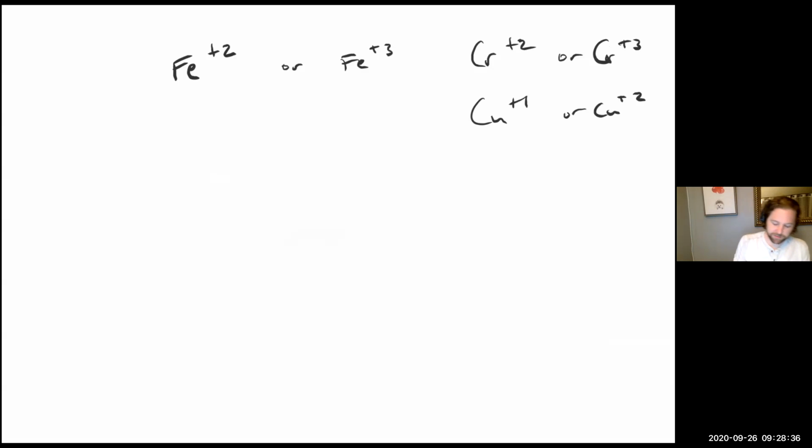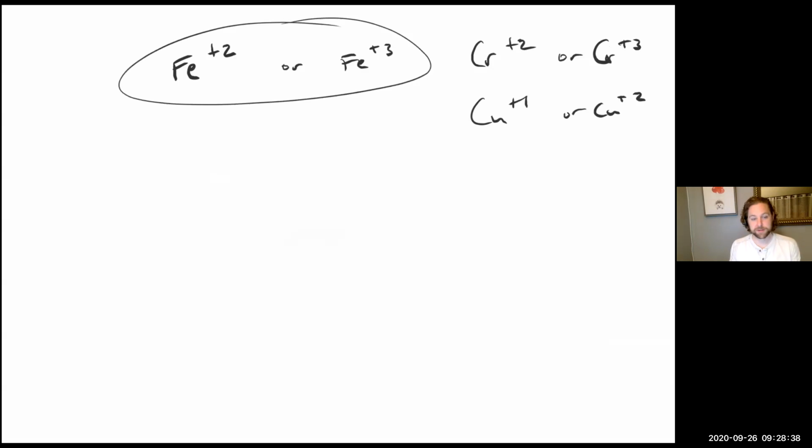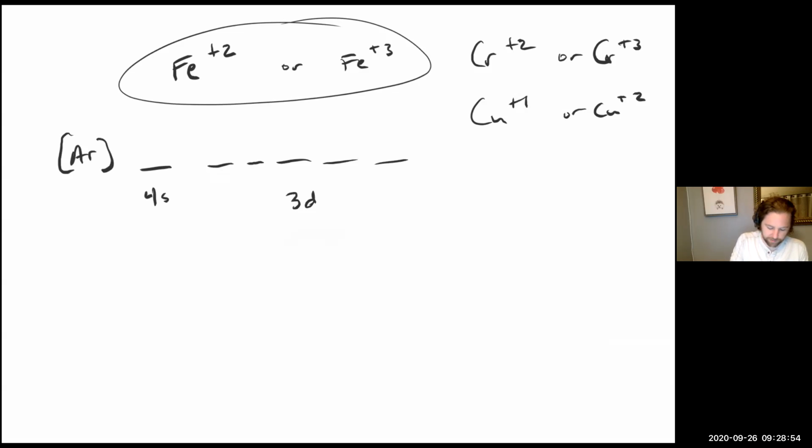Just to give an example of why this happens, for iron, if we look at its last energy level past argon, we have argon, and then we have 4s, 3d. It's a little bit easier to see when we do the orbital diagram.